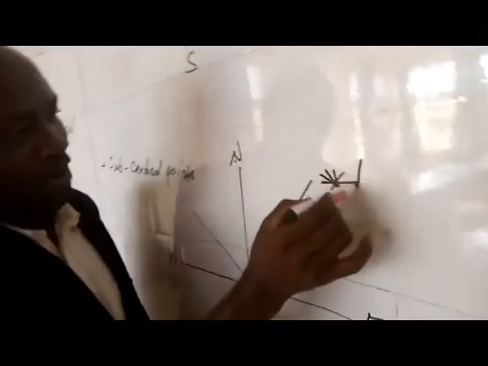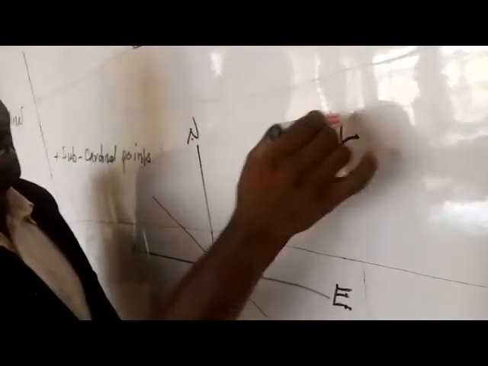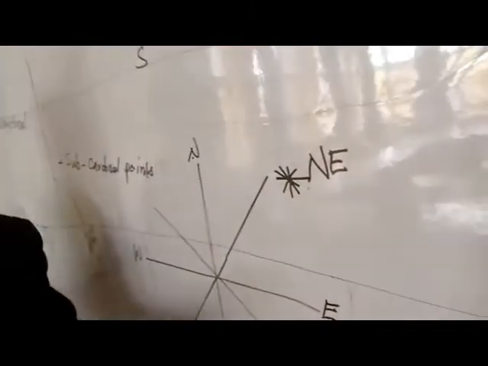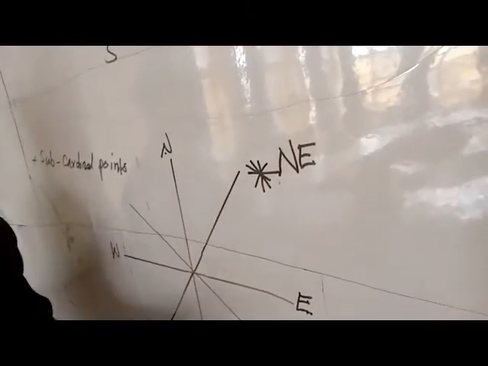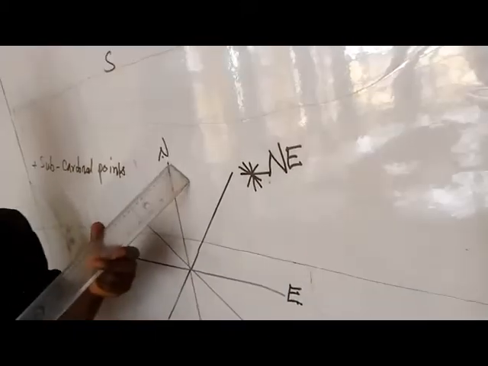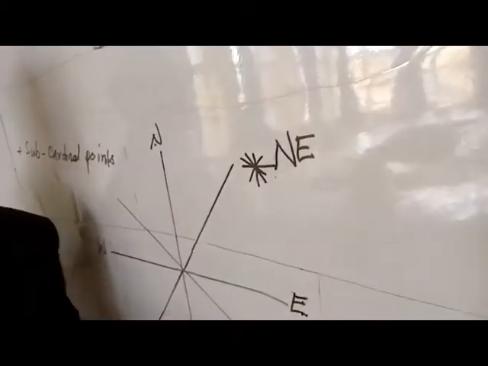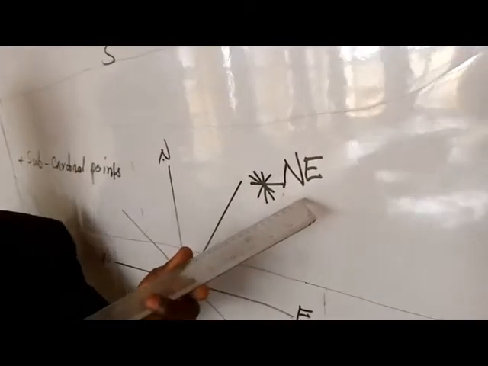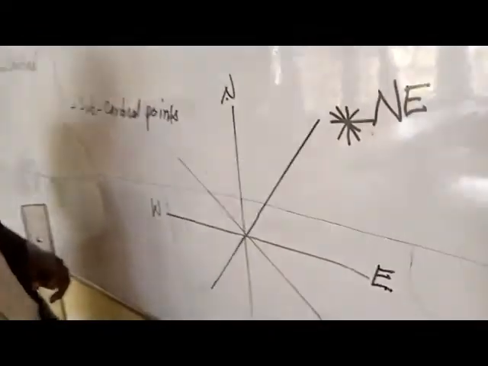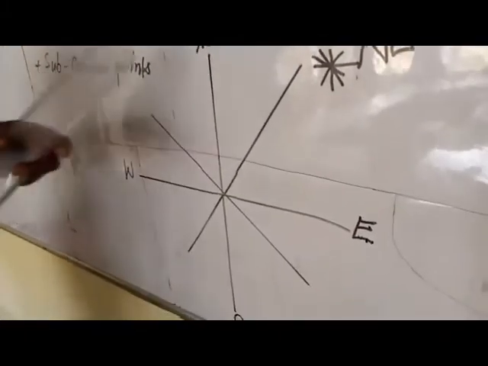That is why we are going to have what? Northeast. It means that this particular object, the asterisk, is situated between north and east, which gives us northeast.